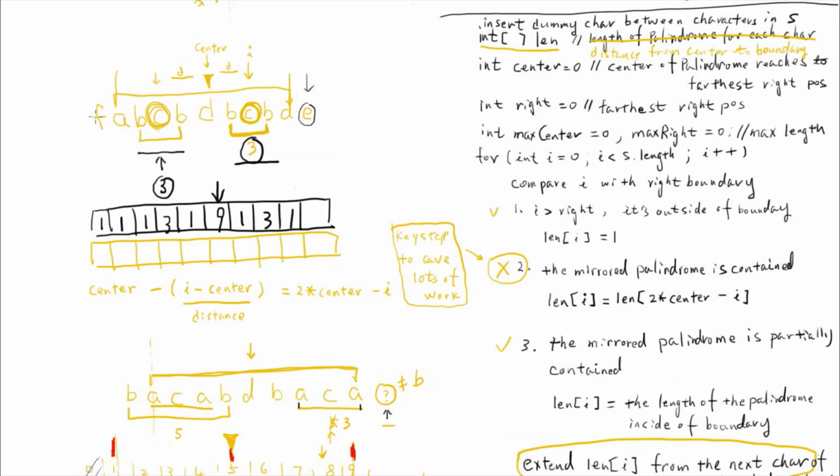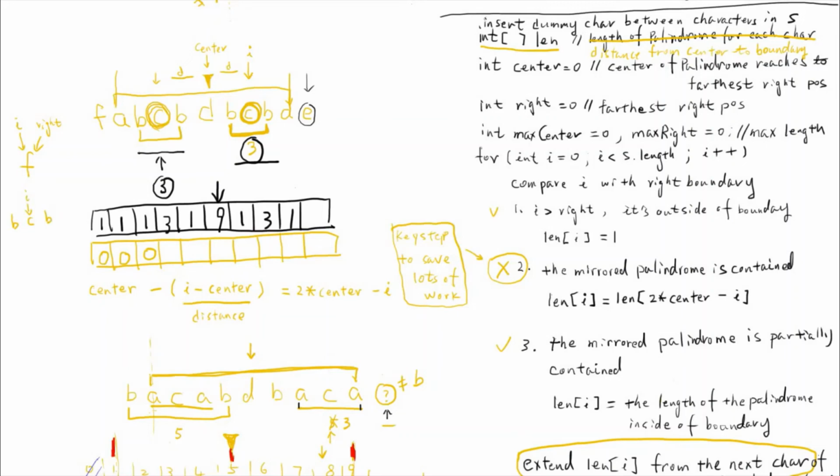For the first character F, it doesn't expand to anywhere, so the character itself is a palindrome. Both center I and the right boundary are pointing to the character itself. So the distance from the right side boundary to I is equal to 0. And same thing for letter A, and here is also 0. And at C, we found a palindrome from B to B. It has a length of 3.